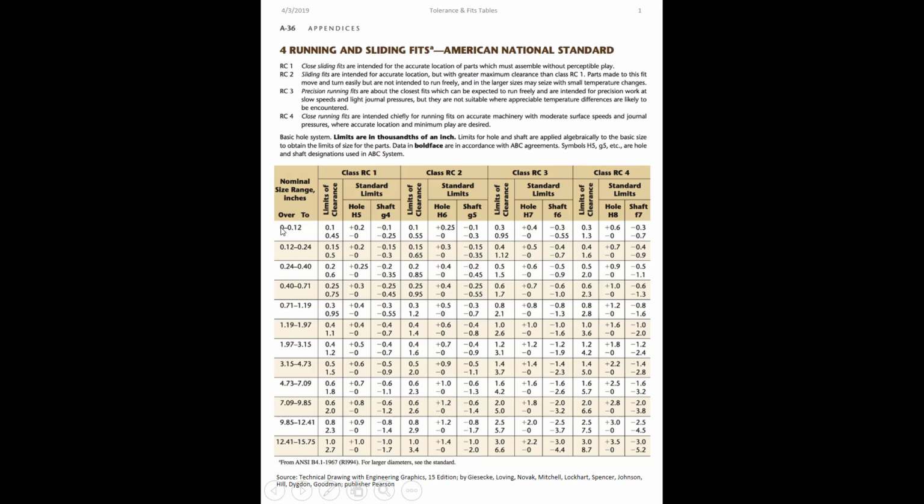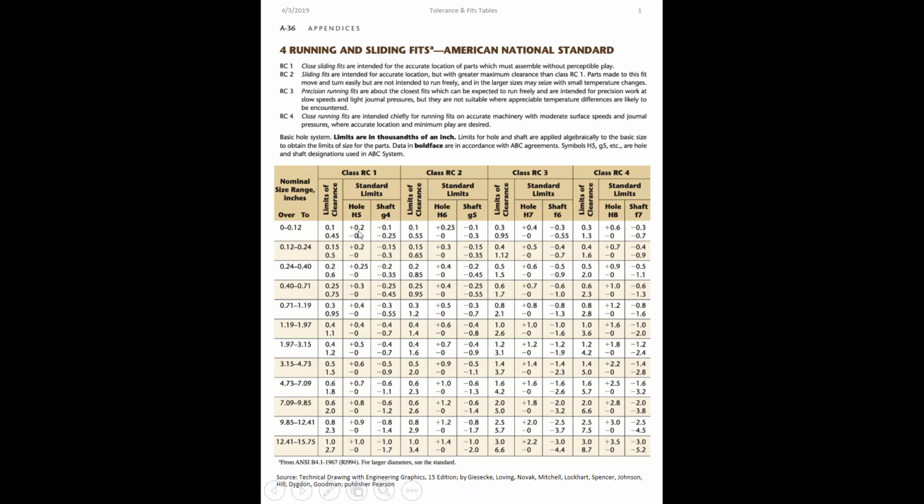And when the hole nominal size is between 0.12 to 0.24, those are the tolerances that you're going to read. So if the hole size is smaller than 0.12, then your tolerance is not going to be 0.2, since that is even bigger than the hole size. All those numbers are in thousandths of an inch.